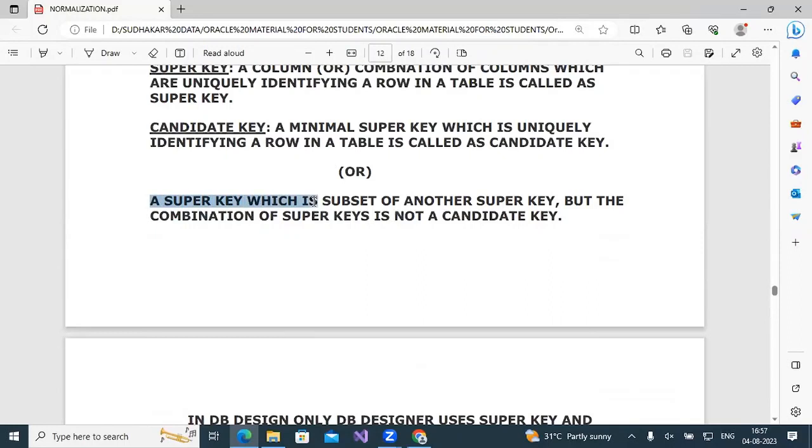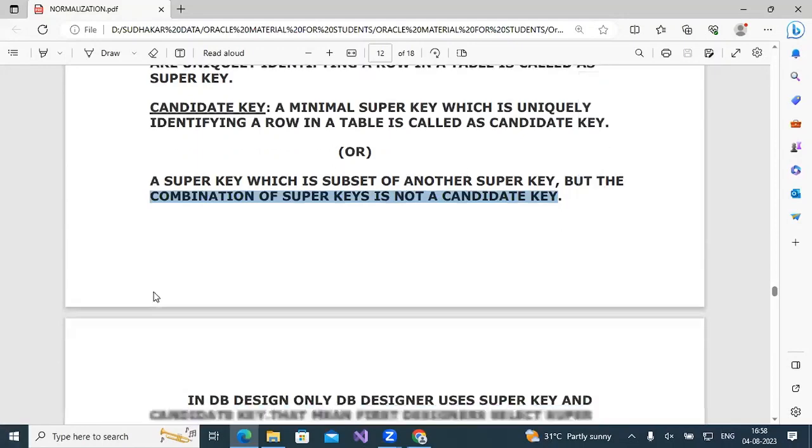A super key which is not a superset of another super key is called a candidate key. Super key plus super key equals super key, but super key plus super key will not become a candidate key. So every single super key here can also be called a candidate key. These are the super key and candidate key differences and definitions.